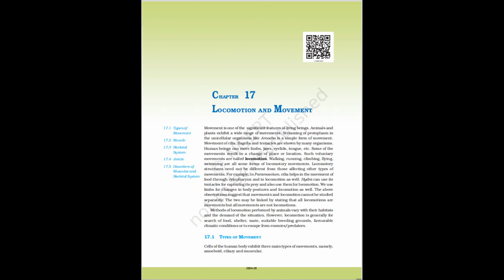Each coxal bone is formed by the fusion of 3 bones, ilium, ischium, and pubis. At the point of fusion of the above bones is a cavity called acetabulum to which the thigh bone articulates. The 2 halves of the pelvic girdle meet ventrally to form the pubic symphysis containing fibrous cartilage.